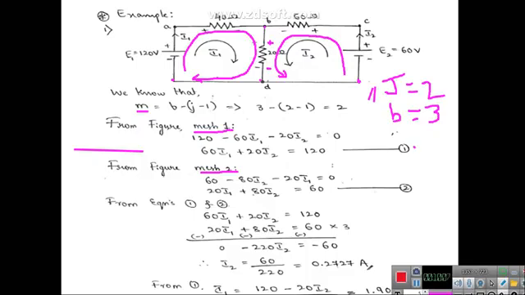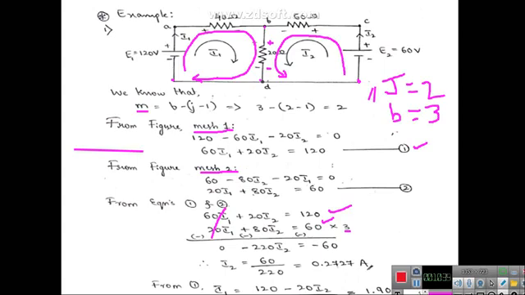Now from equation number 1 and 2. This is equation number 1, I have taken it as it is, and equation number 2 I have taken here, and then you can subtract equation number 2 from 1 after multiplying with 3. If you multiply with 3, 20 into 3 is 60, and this 60 and minus 60 I1 will get cancelled.